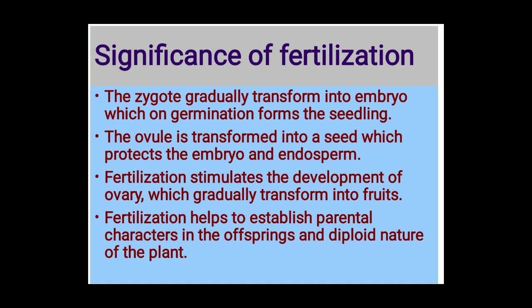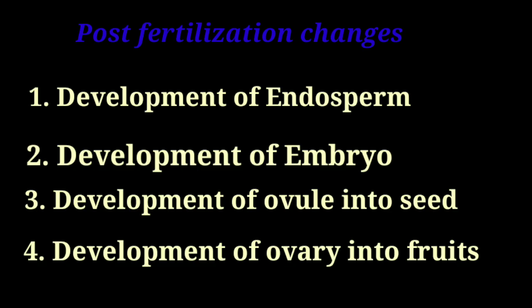Now let's see the post-fertilization changes. Actually, we have already discussed the post-fertilization changes in the significance of fertilization. So let's discuss them very briefly. The first post-fertilization change is the development of the endosperm from the primary endosperm nucleus, which is triploid.